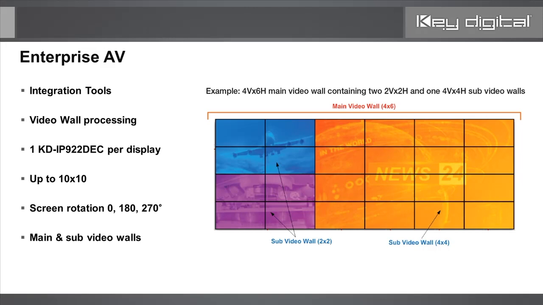We do support screen rotation, 0, 180, and 270 degrees. And we even support the assignment of main and sub video walls so that you can break a main video wall, 6x4 in this case, into multiple sub video walls if you wish.